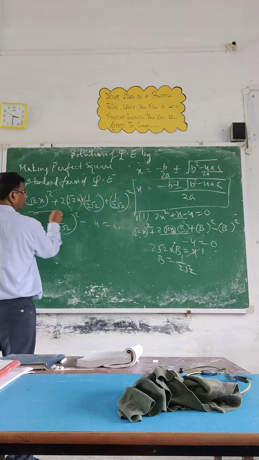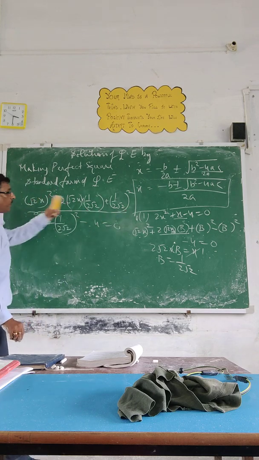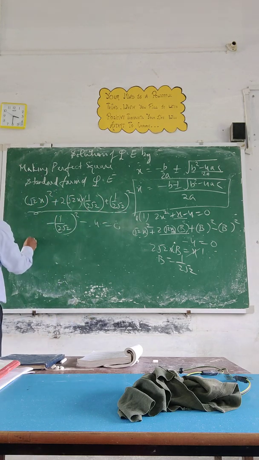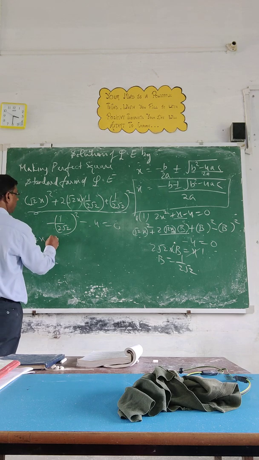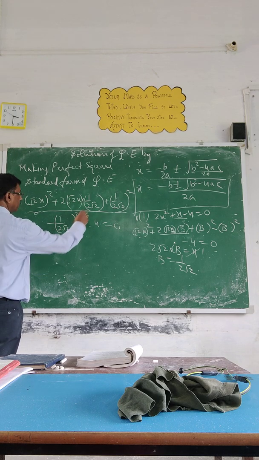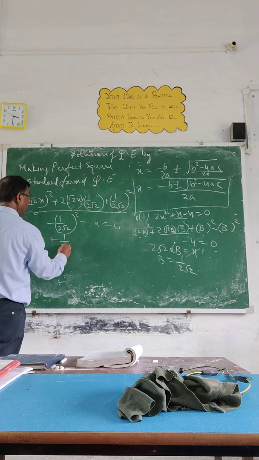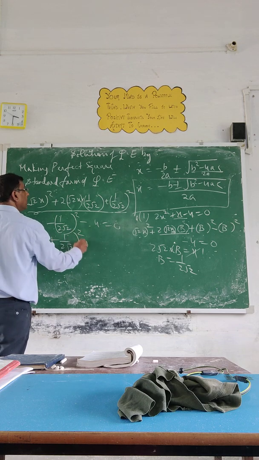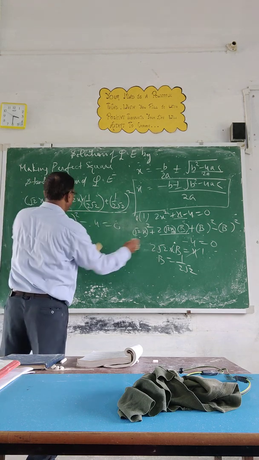Now you can see this line is a square plus b square plus 2ab. It will form root 2x plus 1 upon 2 root 2 whole square, and shift all this term this side. What will you get?